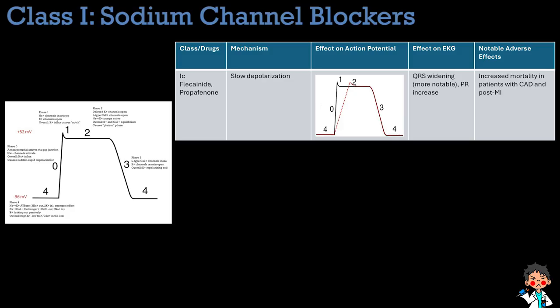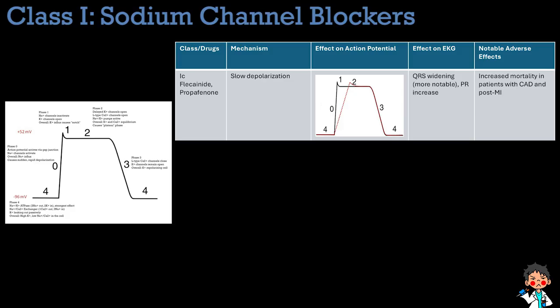Now, as far as adverse effects are concerned, the most important thing for you to know for class 1C antiarrhythmics is that CAD and post-MI are pretty much absolute contraindications for usage of 1Cs. That's because the slowed travel of the electrical impulse due to sodium channel blockage increases the odds of you developing a re-entry arrhythmia in the setting of a post-MI or CAD, because I have damaged tissue.